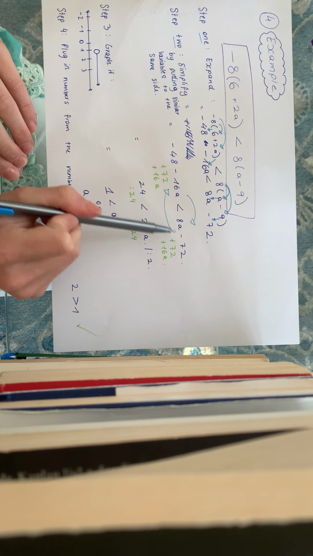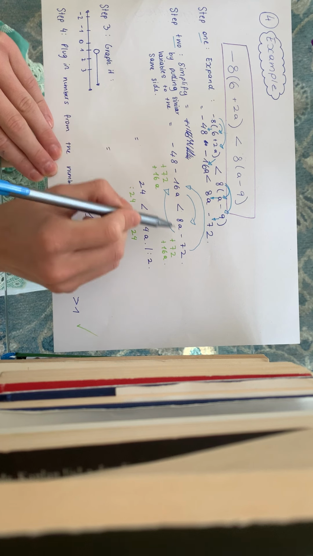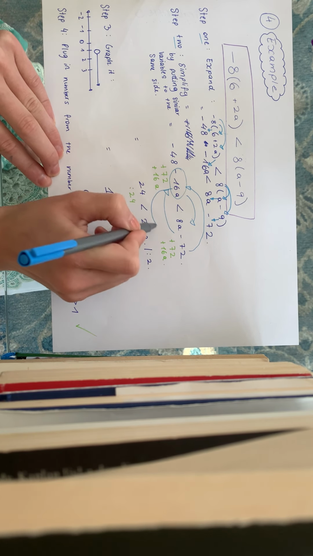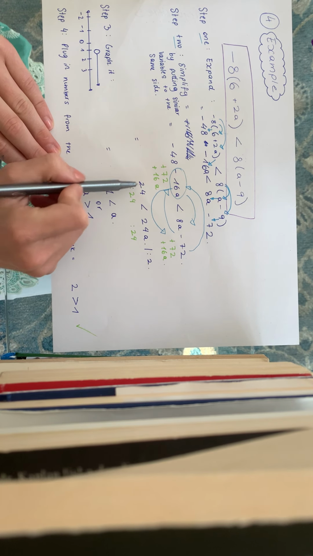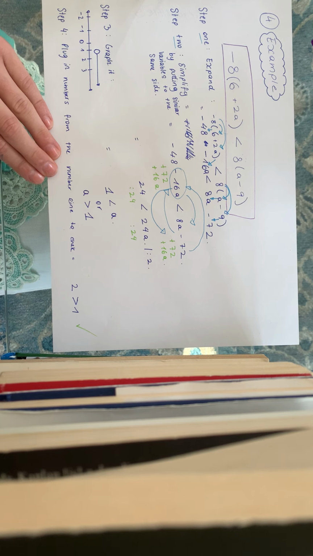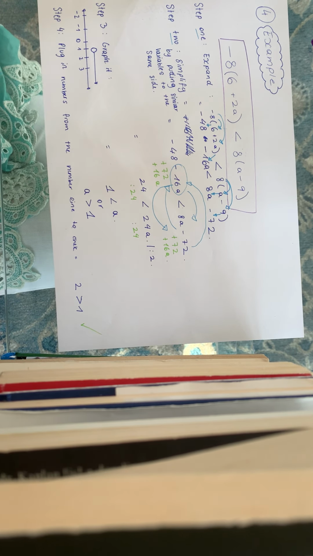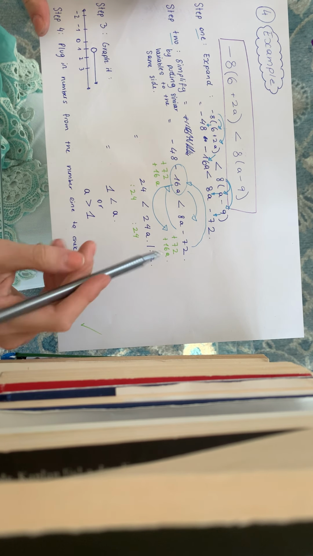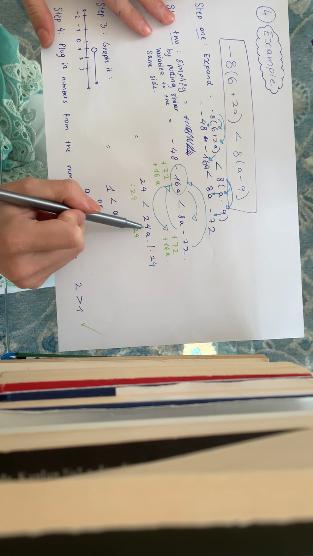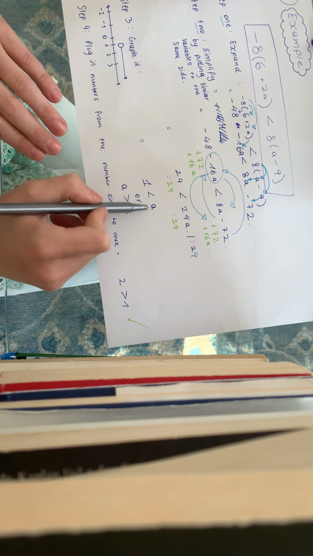I decided to put 72 on this side and to put this -16a to this side. The result is 24 is less than 24a. Now, I divided it by 24. So 24 divided by 24 is 1. And the result is 1 is less than a.